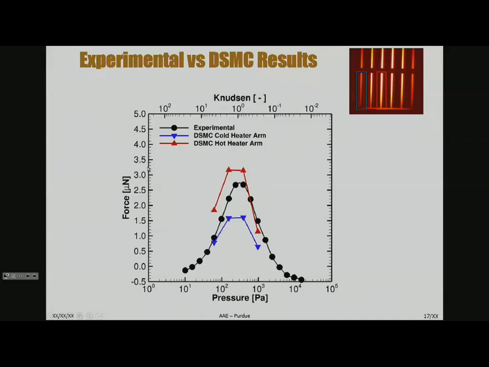Ultimately, this is us going through the validation process. This was the experimental result, and we simulated the 2 extreme cases here, the hotter beam and the colder beam. We sandwiched the experimental results nicely. So this was our validation, showing that we got some good results here.